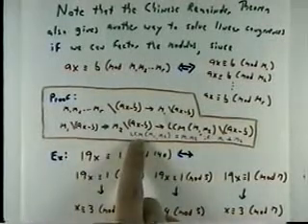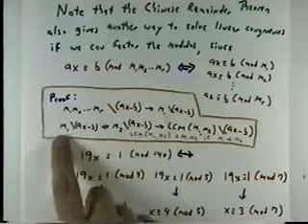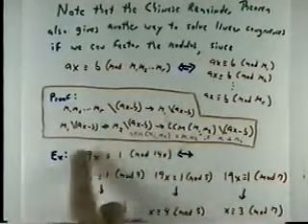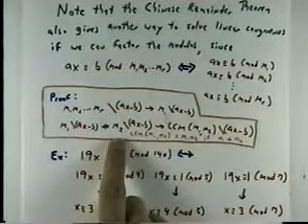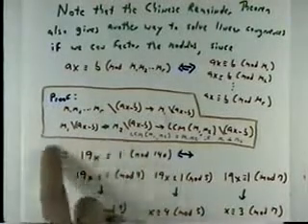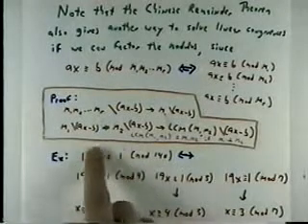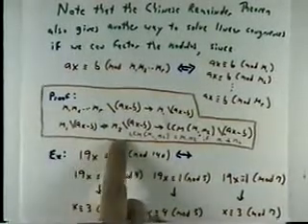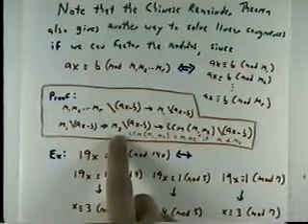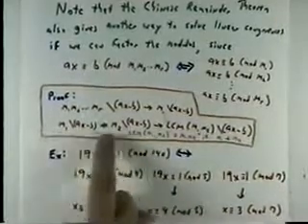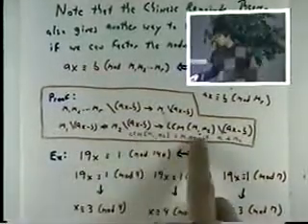Let's stop and think about it. If M1 divides this and M2 divides this, and M1 and M2 are relatively prime, the product of those two has to divide it. If on the other hand they're not relatively prime, maybe this is 2 times 3, this is 2 times 4 times 5, then we know that the least common multiple of these two has to divide that.